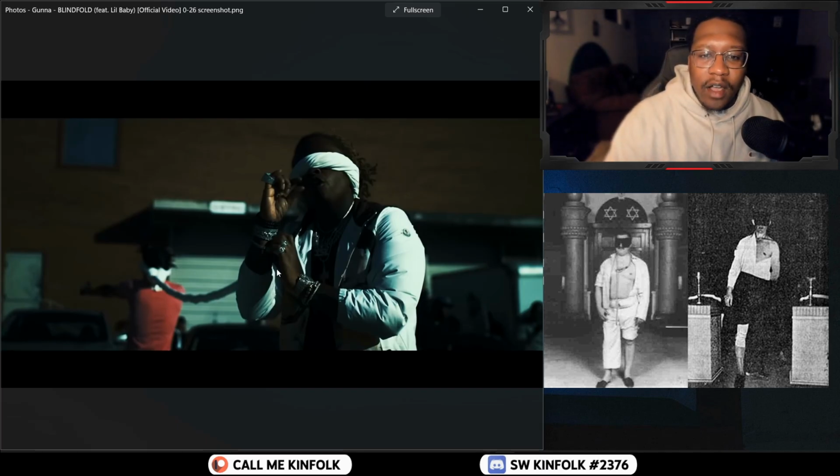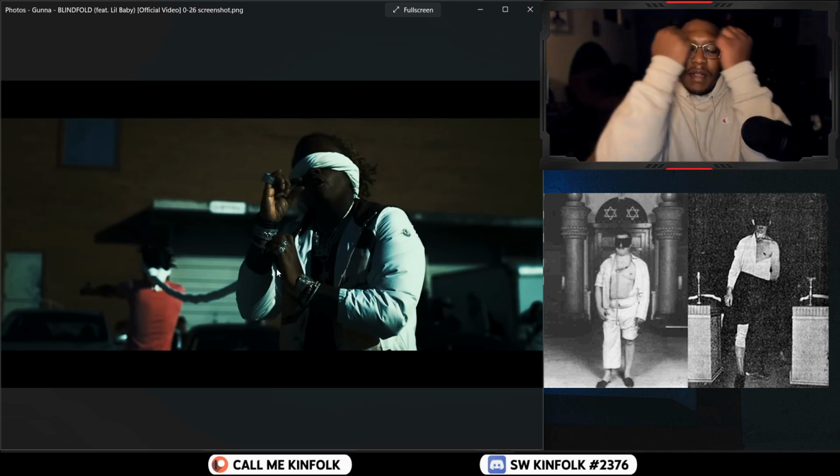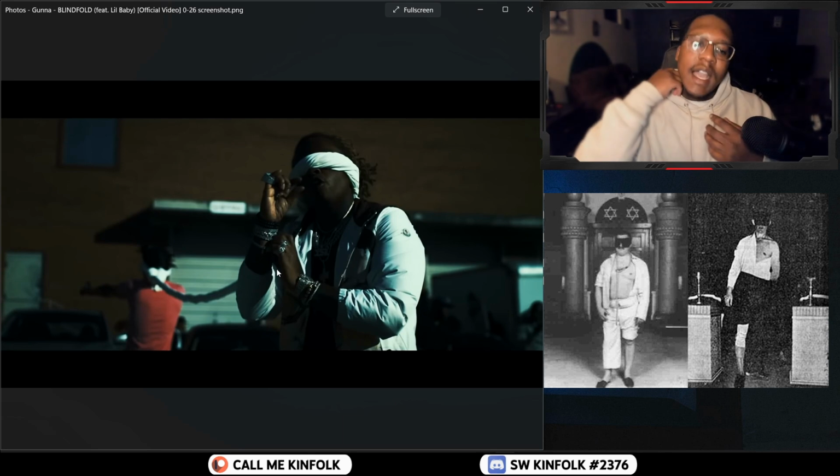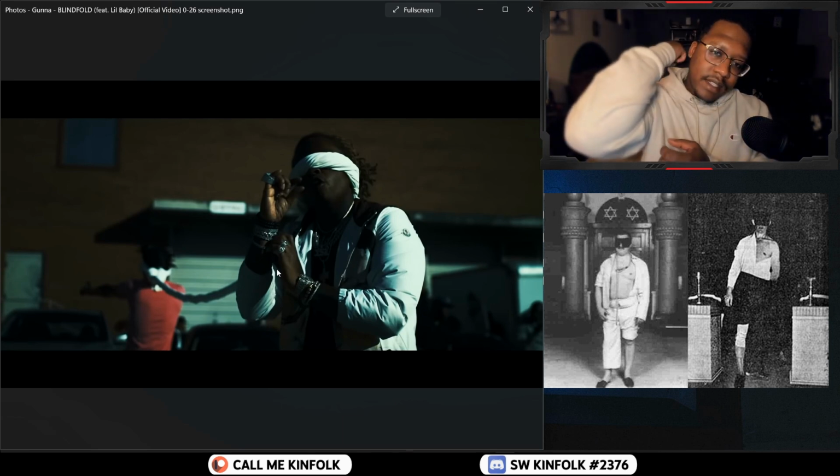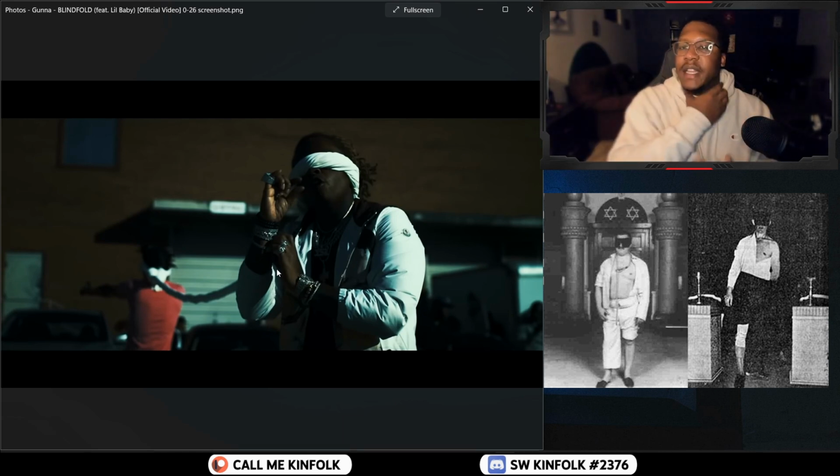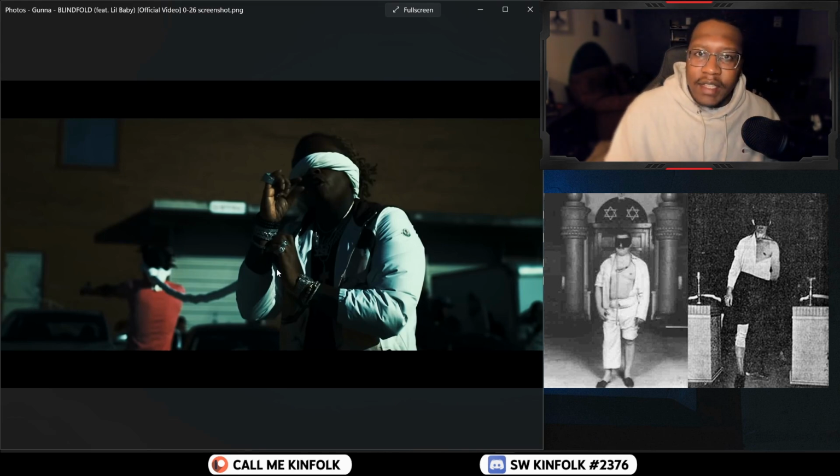Gunna and Lil Baby also showed you this right in front of you as well in a music video. They showed you with the blindfold, and you see how it's connected to each other. That symbolizes the rope. See, they not gonna put no rope around their neck. You see what I'm saying? Everybody gonna be like, what the fuck? They trying to promote slavery? So they not gonna just overtly show you.